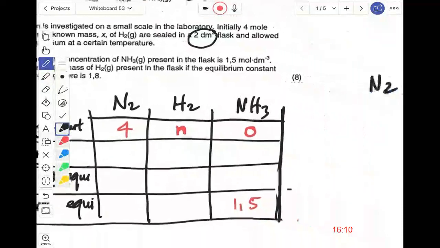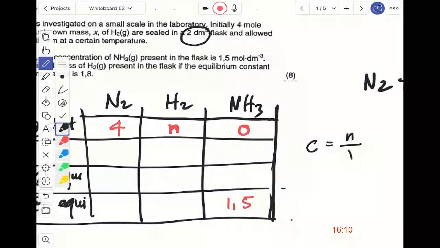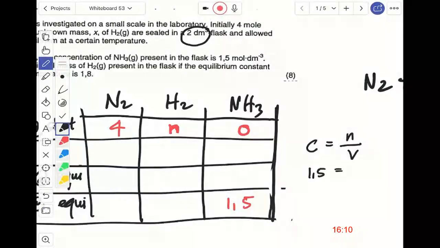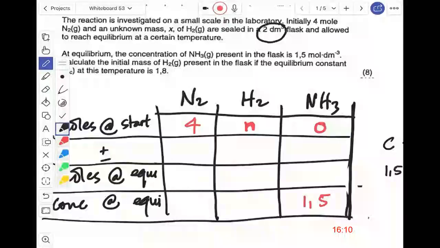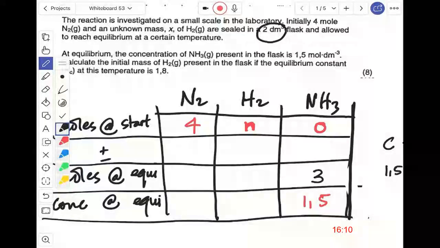And since concentration is moles over volume, to get the 1,5 we divide by 2, so my number of moles is 2 times 1,5, which is 3. So at equilibrium, I had 3 moles of ammonia.